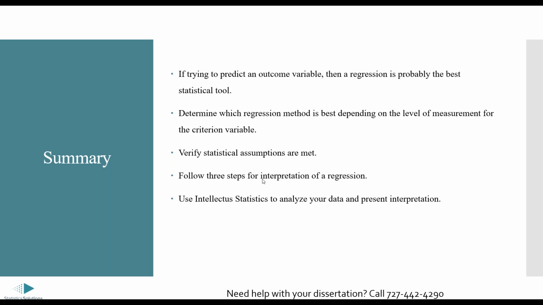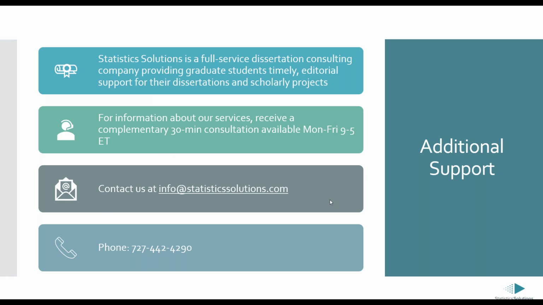Follow the 3 steps for interpreting a regression. Look for a significant omnibus test, interpret your R-squared values, and if step 1 was significant, then interpret each predictor on its own. And then you can use Intellectus Statistics to analyze your data and present interpretations.